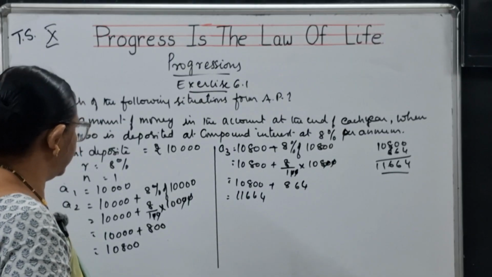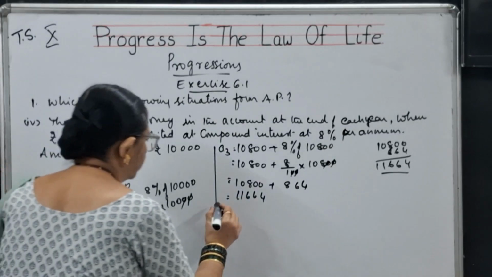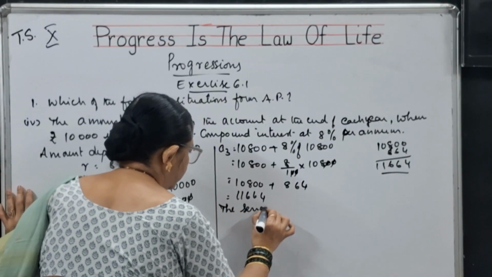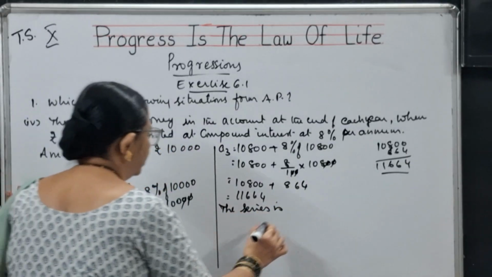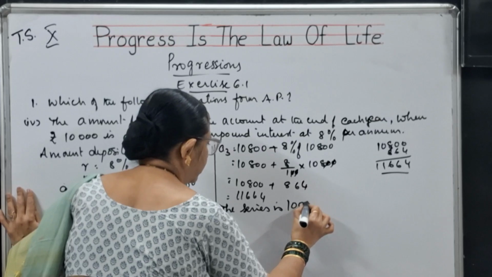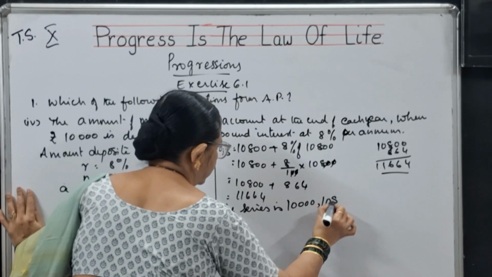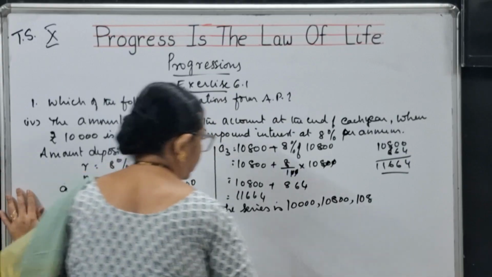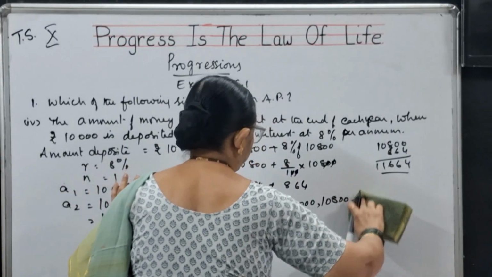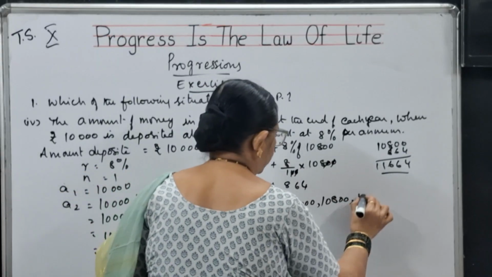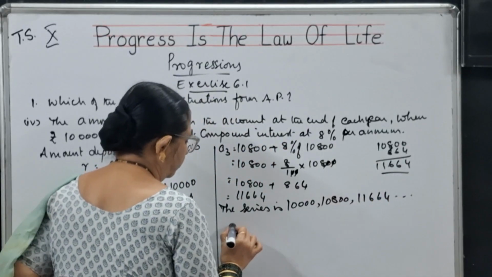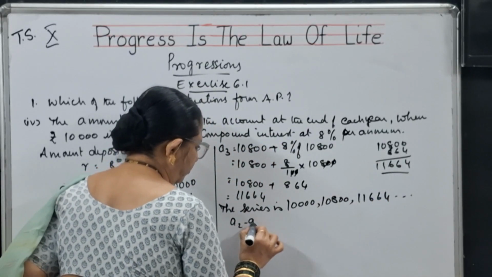Now let us take the series: A1 is 10,000, A2 is 10,800, A3 is 11,664, and so on.